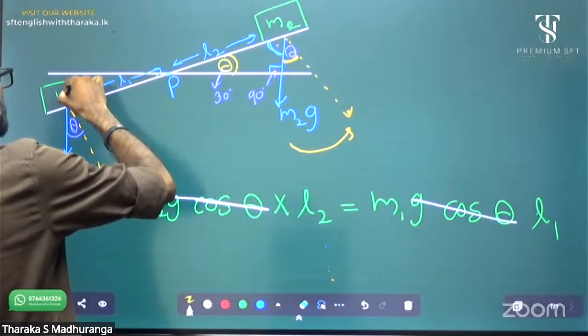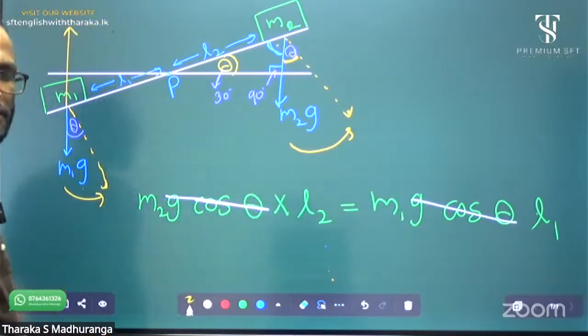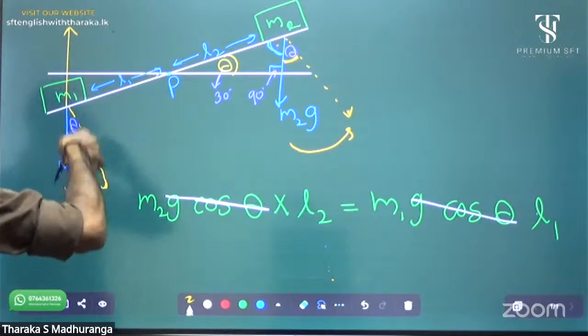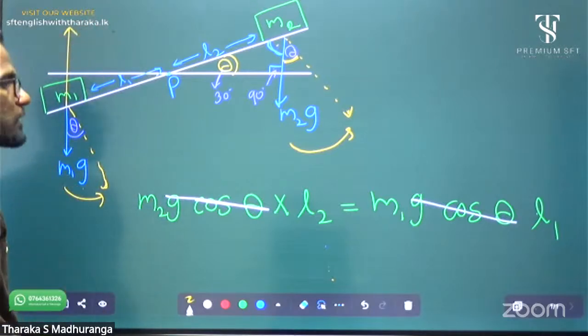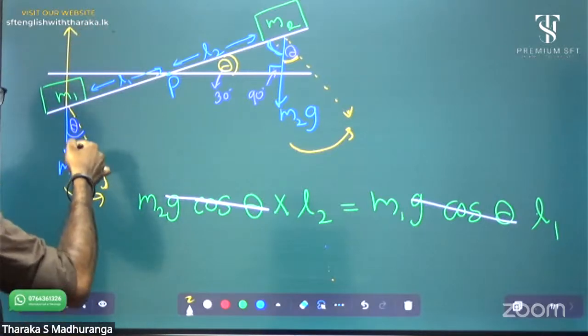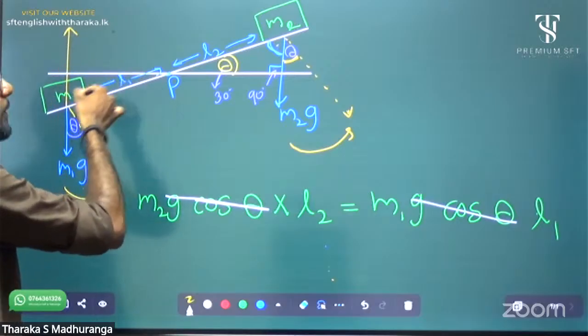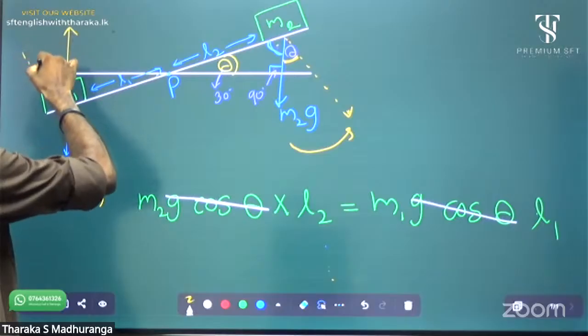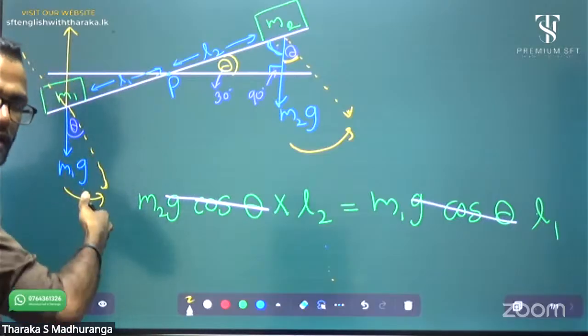If you got this, this is the perpendicular way. This is the force acting direction, the vertical direction. It is vertical, but it is not perpendicular to this axis, that is the problem. With the same mechanism, you can draw a line like this. That's the perpendicular direction.